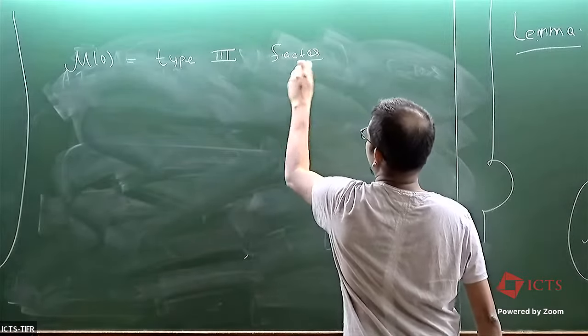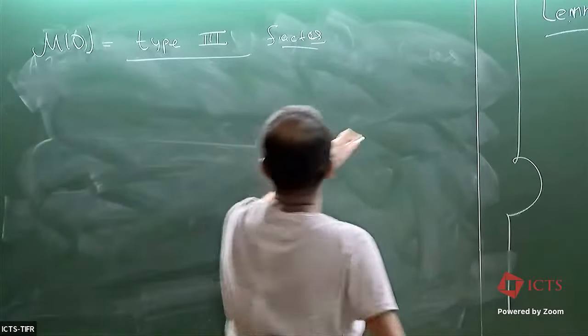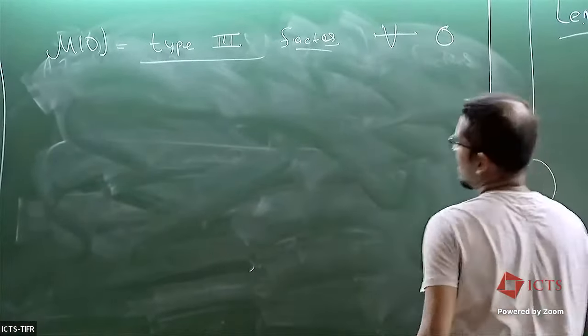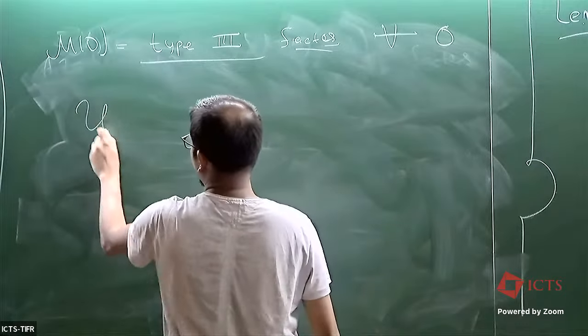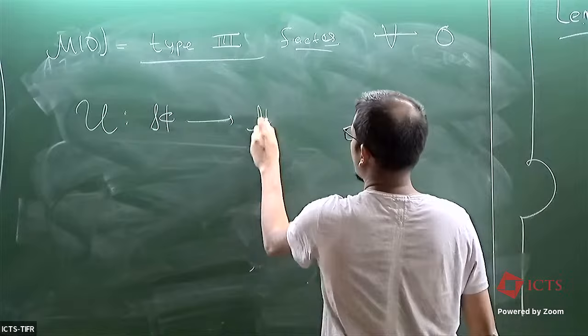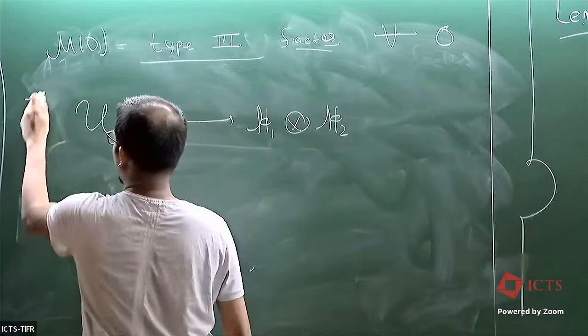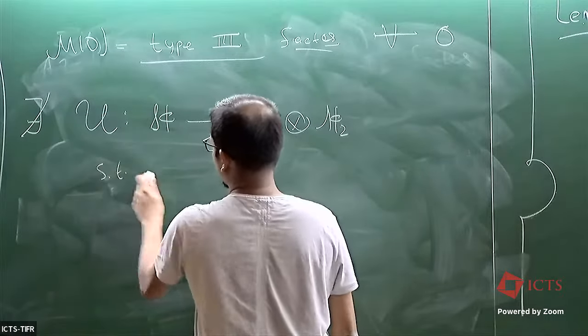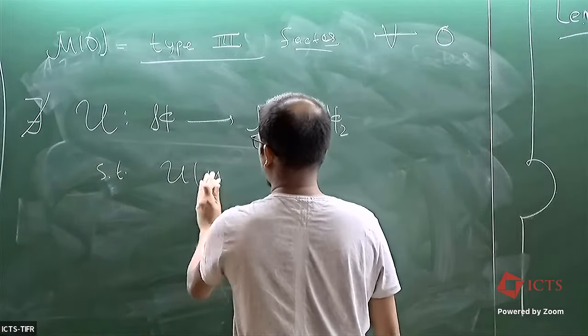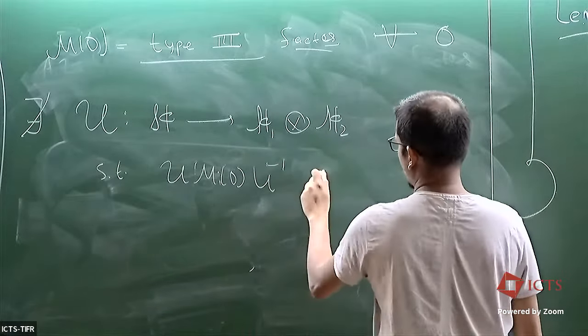It is really exactly telling us, for all O, that there is no unitary which we can find, which can split H into some H1 tensor H2, such that U M_O U inverse is in B(H1) tensor identity.